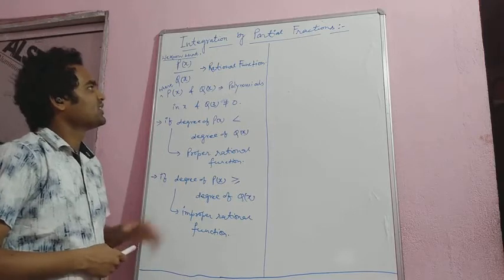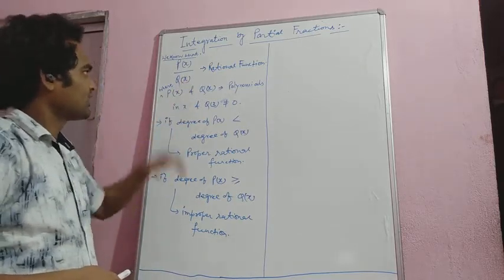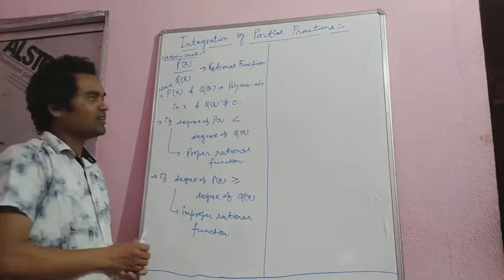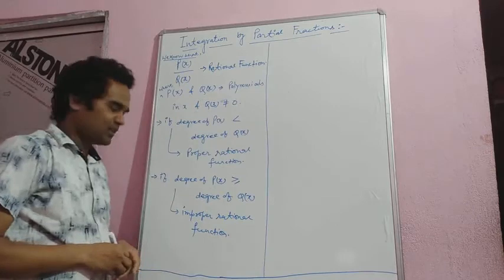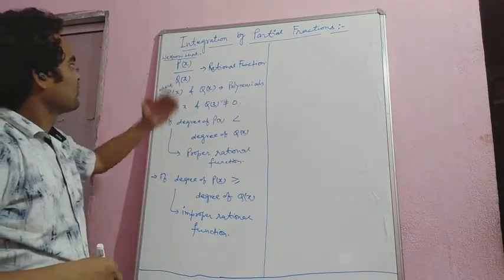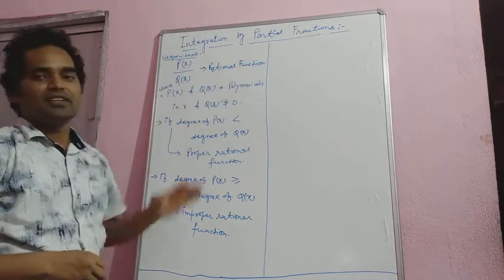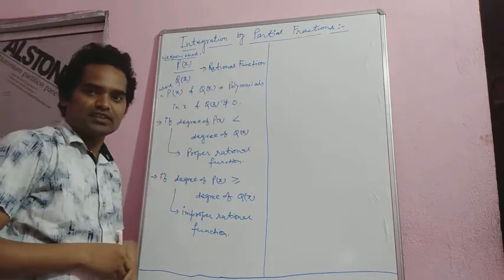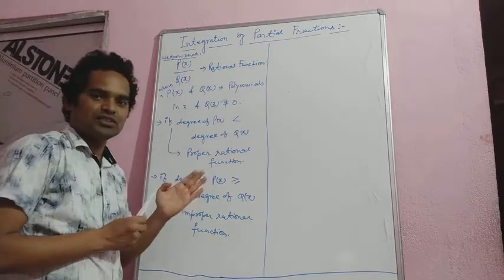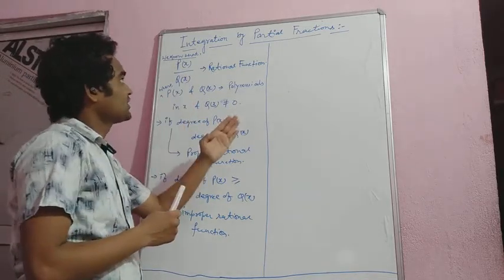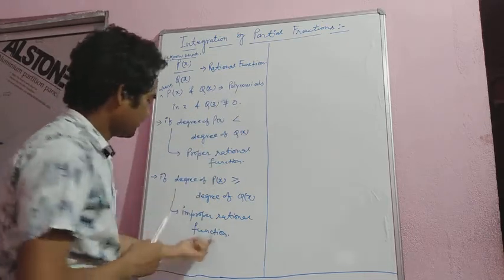If our given rational function is proper, then we can easily express it in partial fractions. But if it is improper, then first of all we have to reduce improper to proper.